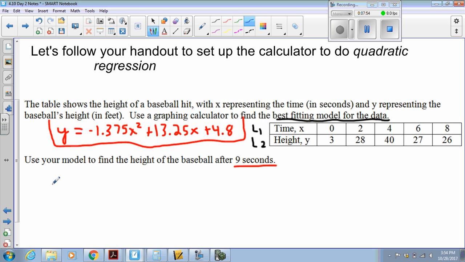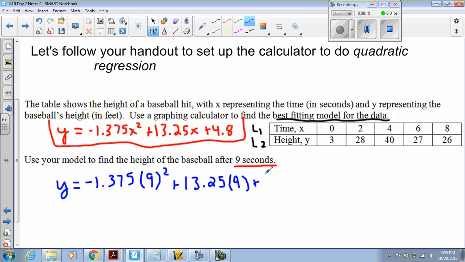So now what we do is we have y equals, so we have negative 1.375, and then we do parentheses, we plug 9 in for x, and squared, plus 13.25 times 9, and then we have plus 4.8. Now remember, I got all of this because we already found our function. Okay, so all I did was plug in the number 9 every single time I saw x.